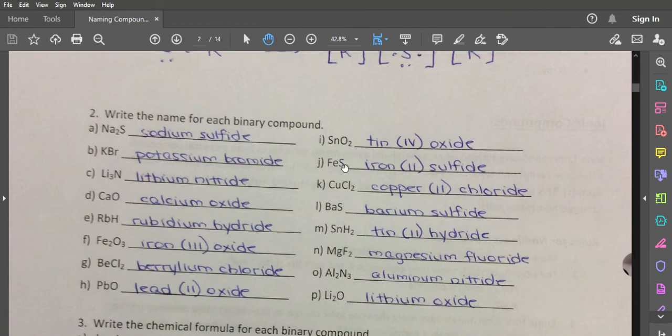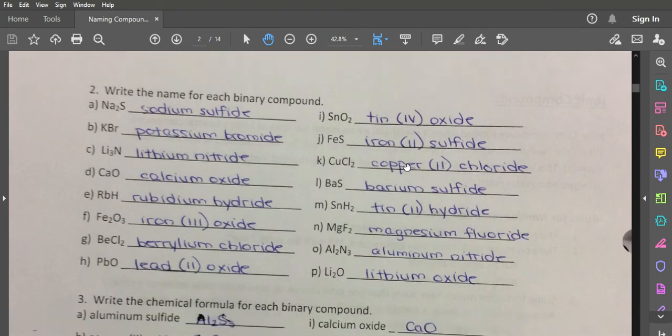We say, hey, sulfur should have a 2-. So there should be a 2 behind this Fe. How could that possibly be canceled out? If that 2 went missing, there must have also been a 2 behind sulfur in order to cancel both out and make them both those invisible ones. So that's how we know it's iron(II) sulfide.